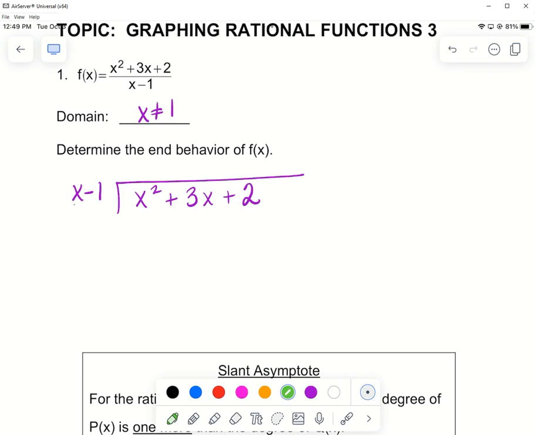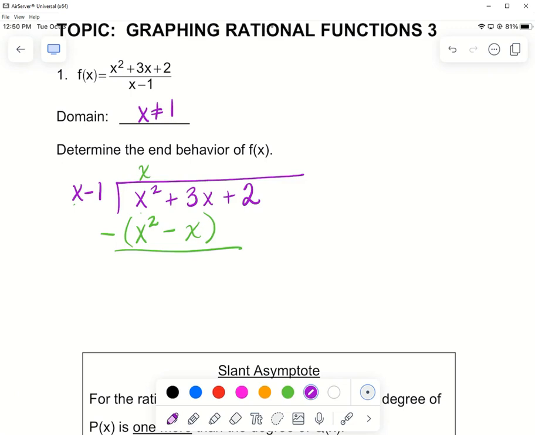X goes into x squared how many times? I'll get an x. I will multiply: x squared minus x. Whatever your notation there is, you're subtracting. I'm going to put parentheses. If you like to make it a plus and change the sign, that's fine, whatever you do. But the x squareds will cancel.